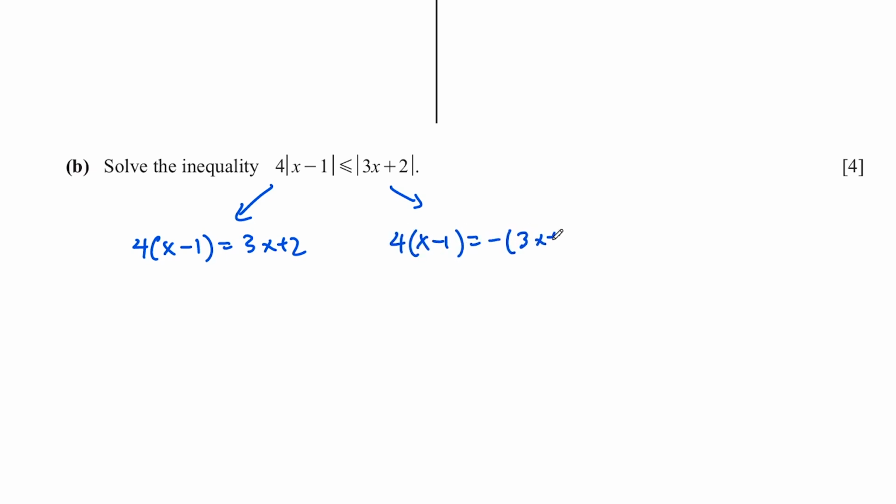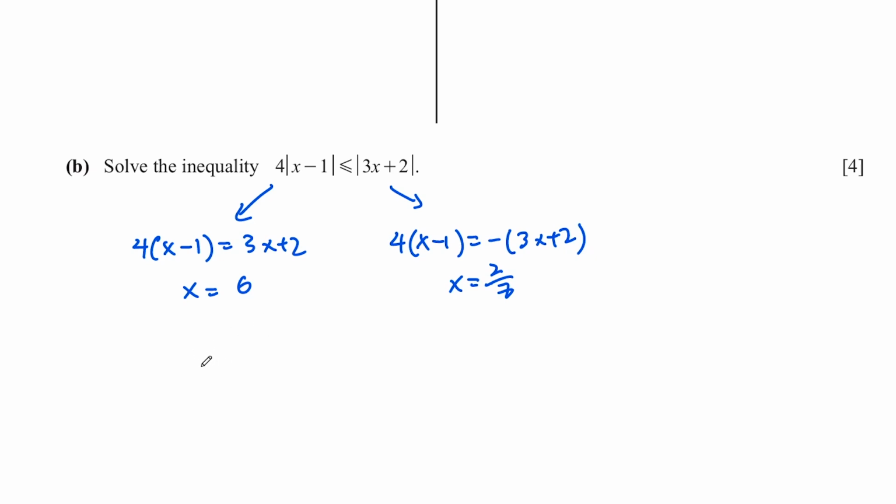Negative 3x plus 2. Right, so we rearrange this, you're getting 6, and then here x will be equals to 2 over 7. Okay, right, so this is the first method you can do it.